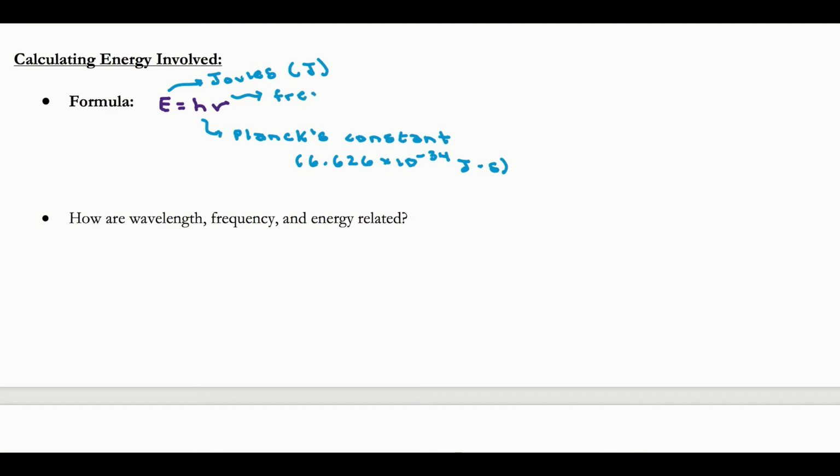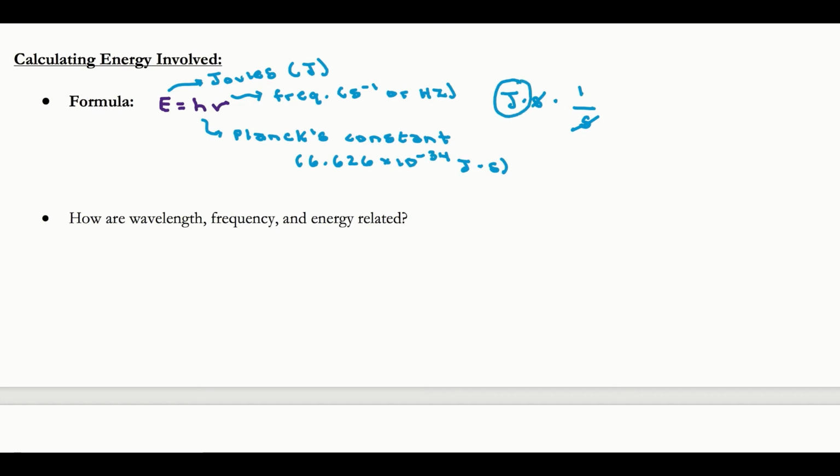And the units for frequency are going to be either seconds to the negative 1 or hertz. Okay, so notice with my Planck's constant, the units are joules times seconds. If I'm then multiplying by seconds to the negative 1, or 1 over seconds, notice my seconds cancel, which leaves me with my unit for energy, which is joules.